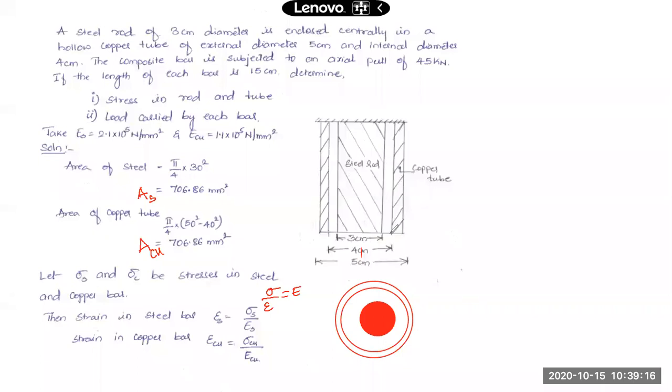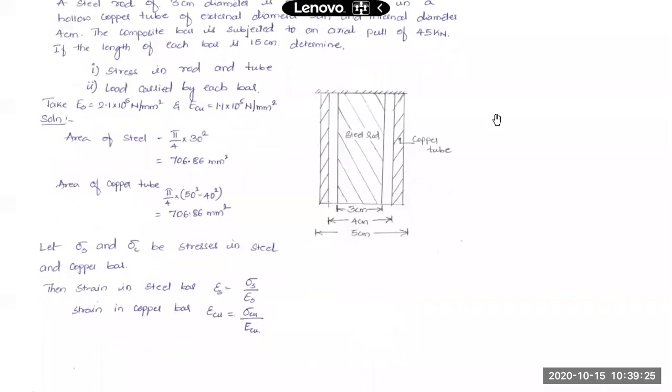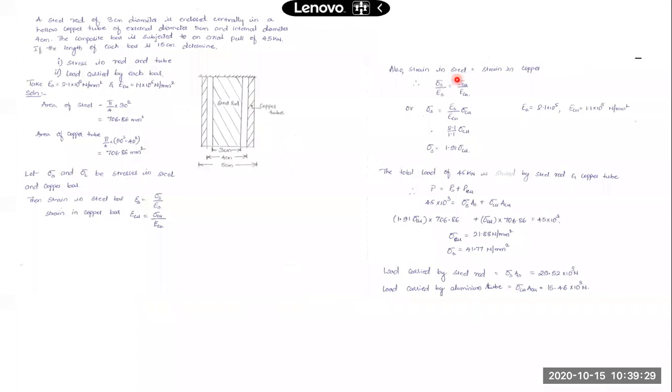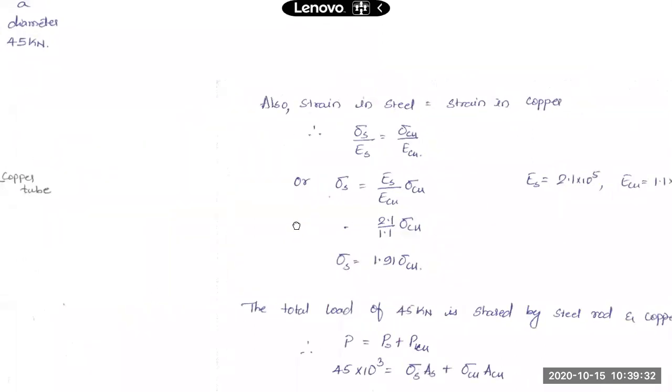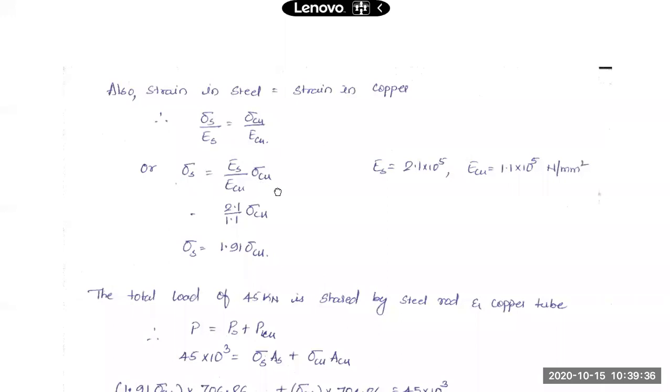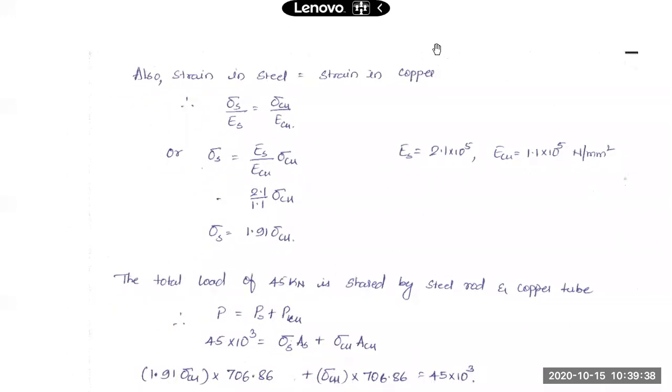Okay, so what should be the deformation? If I go for finding that deformation, I can express it in terms of strain into original length. So the strain or deformation in the two tubes, if I equate them together, epsilon S is equal to epsilon Cu.